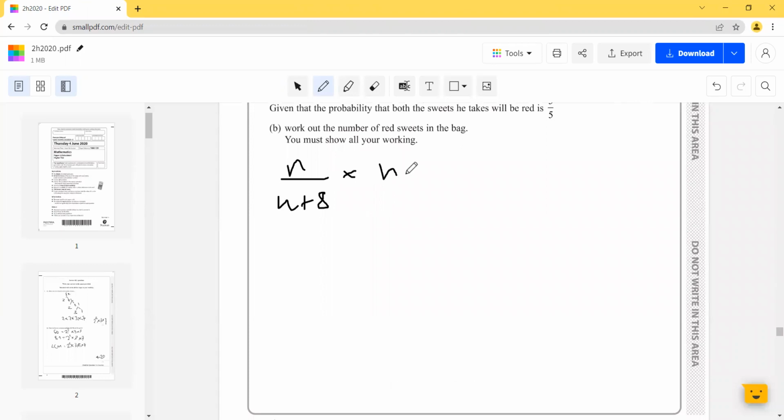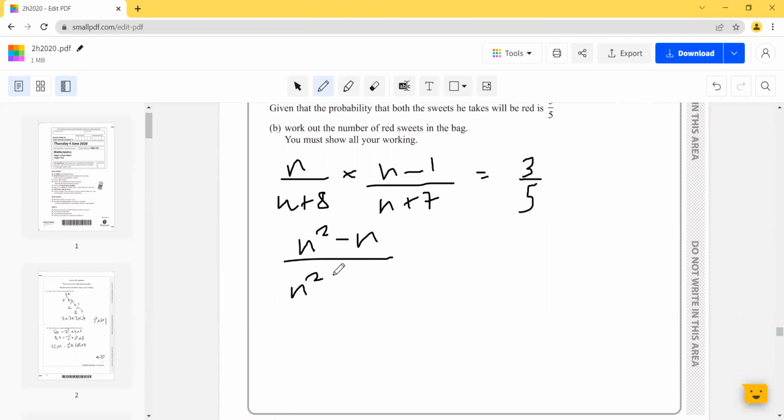Well, it's not n, but it's n minus 1. And the total number is n plus 7. And we know the probability is 3 over 5. Okay, so we have n squared minus n over n squared plus 15n plus 56 is 3 over 5.